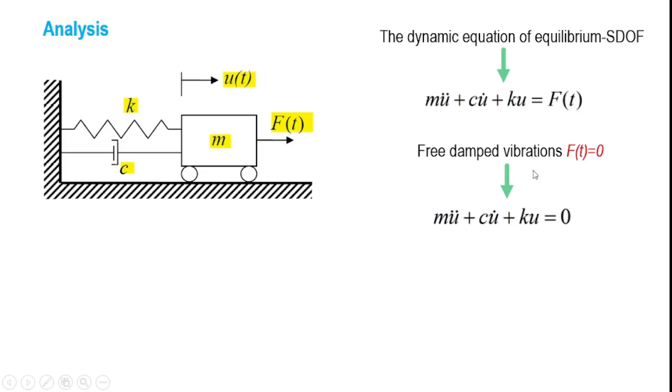So for a damped free vibration, the dynamic equation of equilibrium reduces to m u double dot plus c u dot plus k u equal to 0. This is the linear homogeneous differential equation which we need to solve for obtaining the response u.